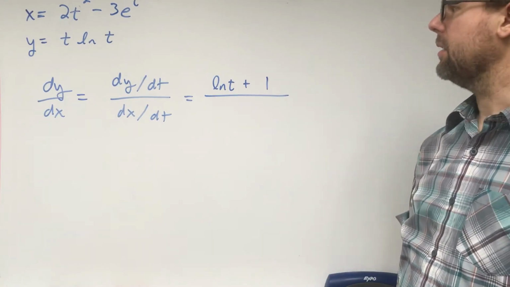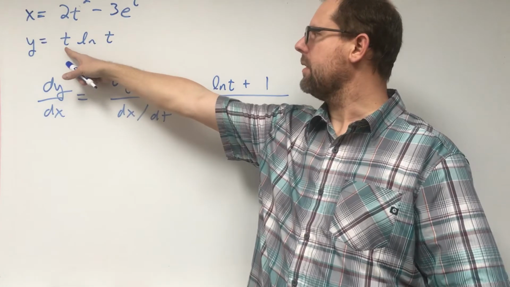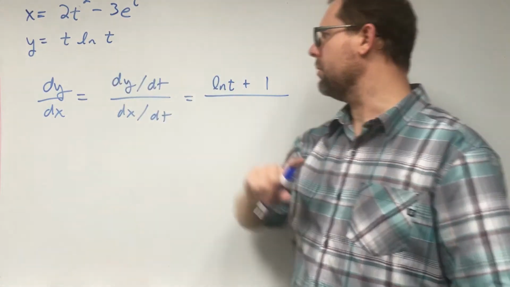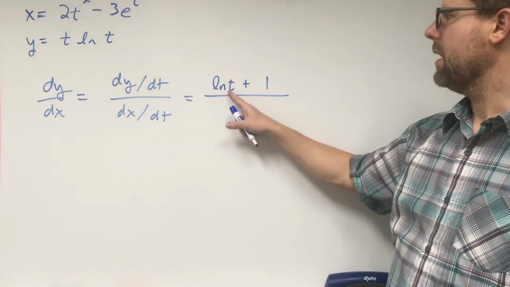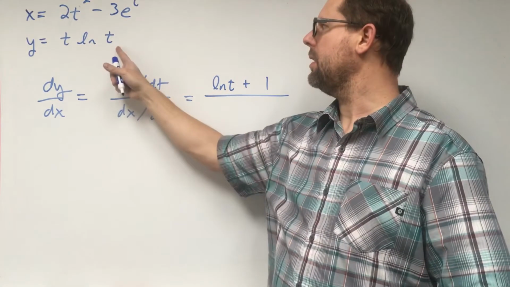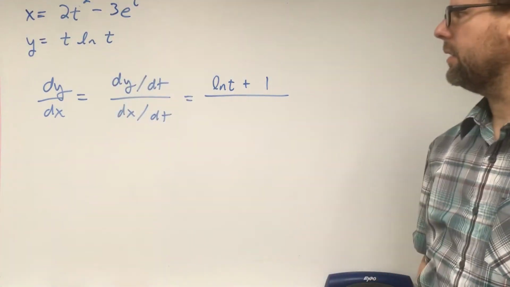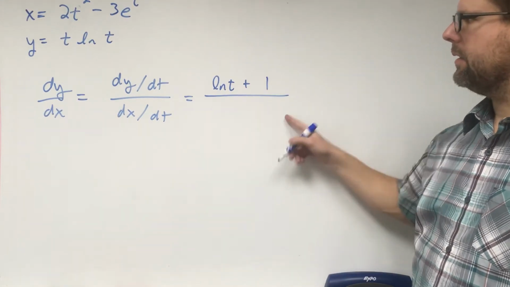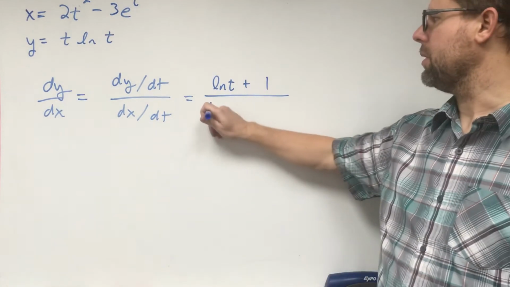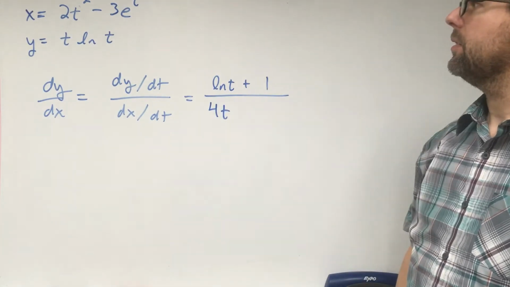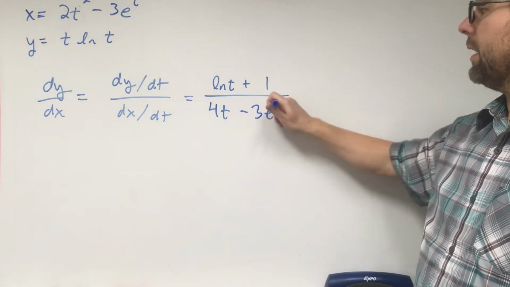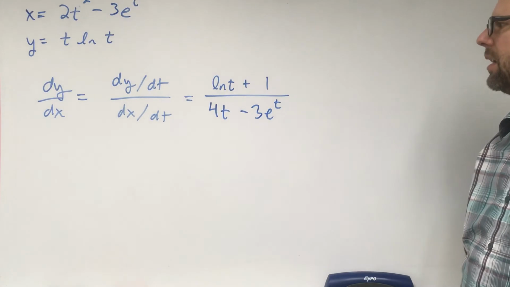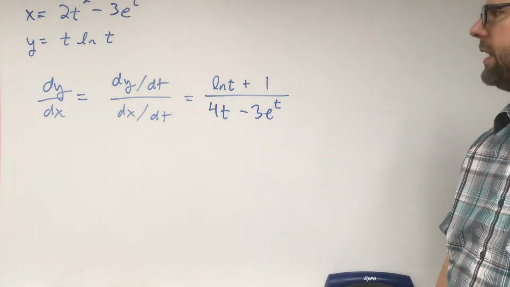Let's check that again. If I differentiate the t, I have a 1 times the natural log of t. If I differentiate natural log of t, but leave the t alone, I have t times 1 over t, which ought to be 1. In the denominator, dx/dt, I'm going to use power rule and an easy exponential. And so here is my formula for dy/dx.